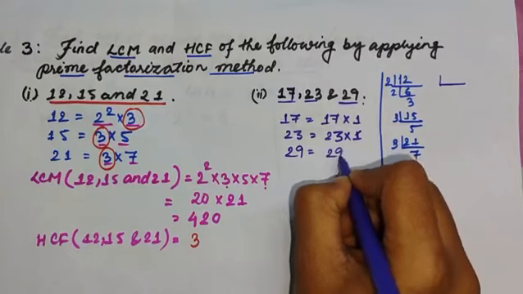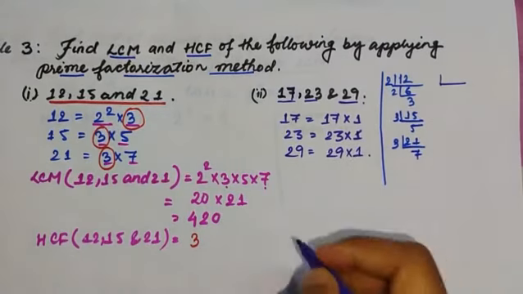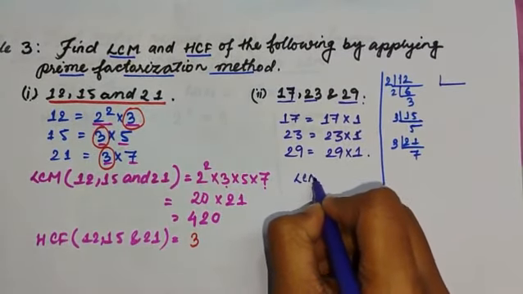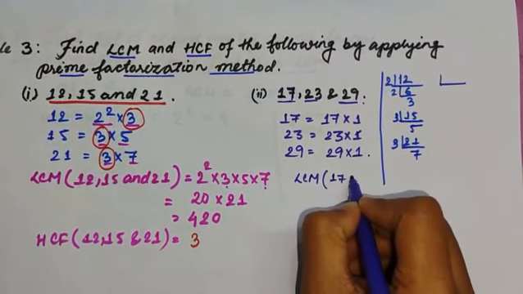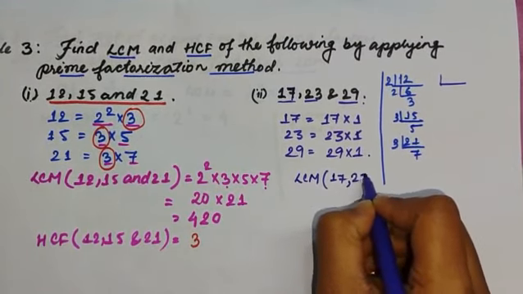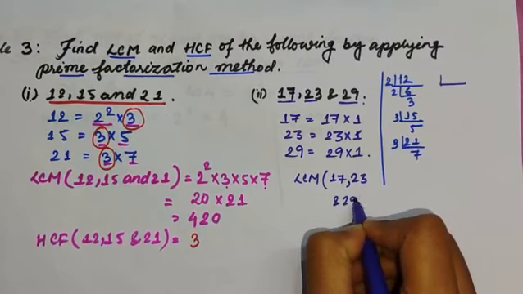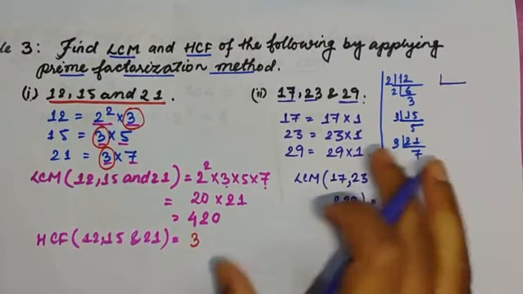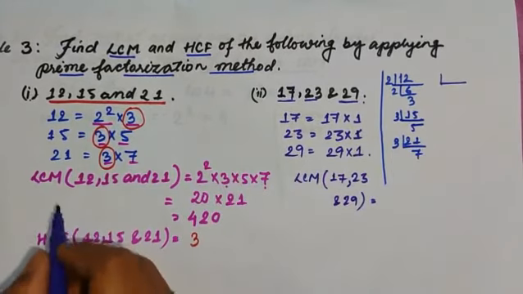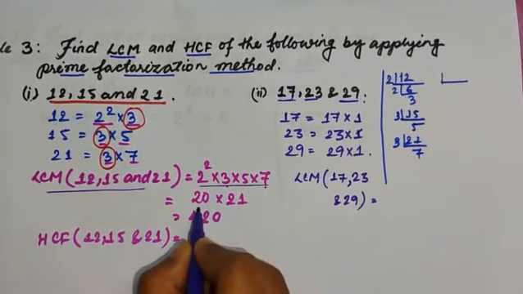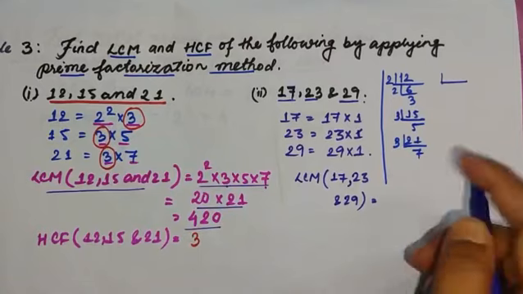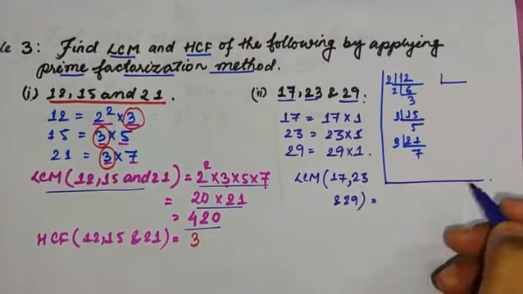So 29 into 1. The LCM of these 3 numbers will be 17, 23 and 29. Don't write like this. Just write in one line like I have written here, right? Don't write like this, I have very little space, that's why I am doing it.